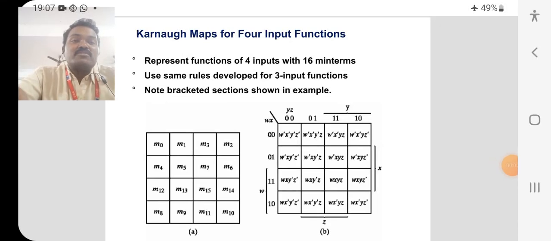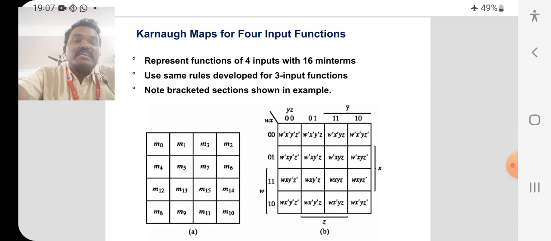Today I am going to discuss the 4 variable K-map. The 4 variable K-map is mainly used to reduce the following Boolean expression. In a 4 variable K-map, the input function has 4 variables.